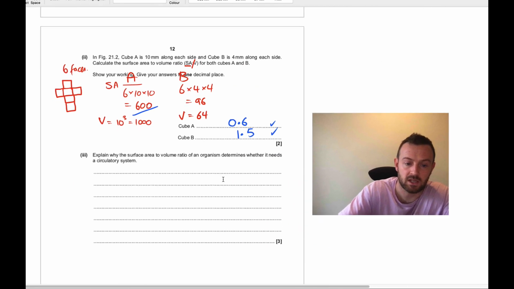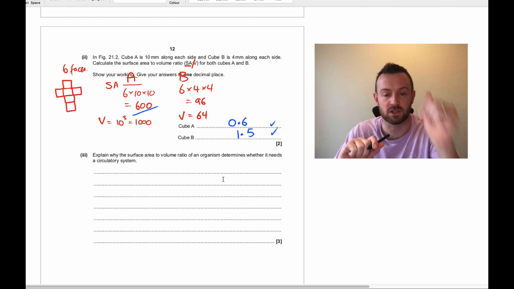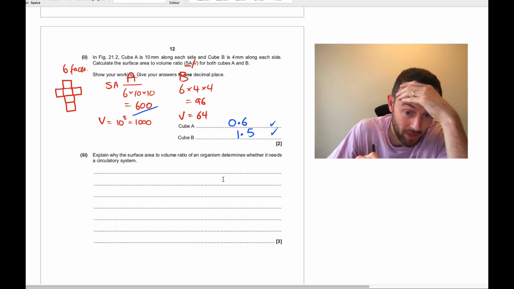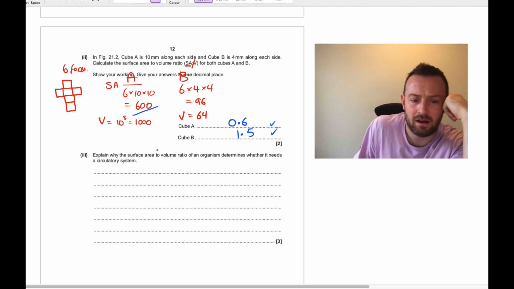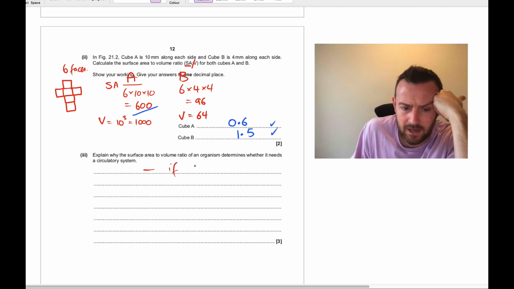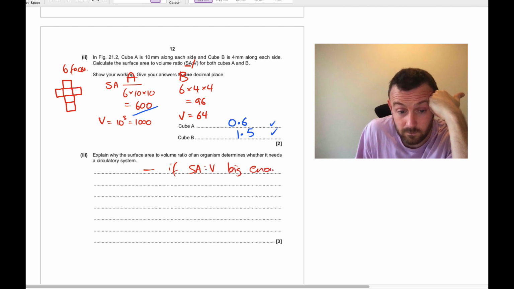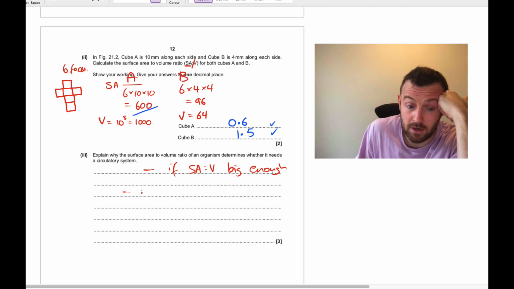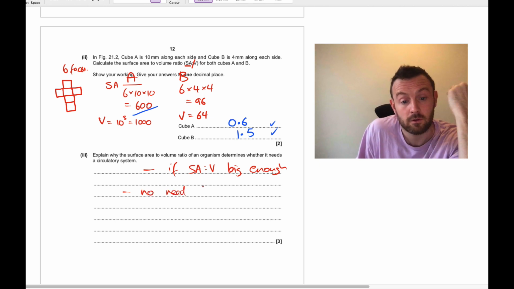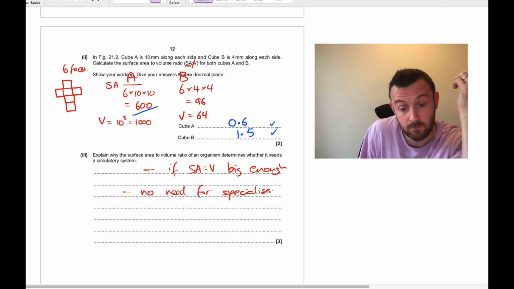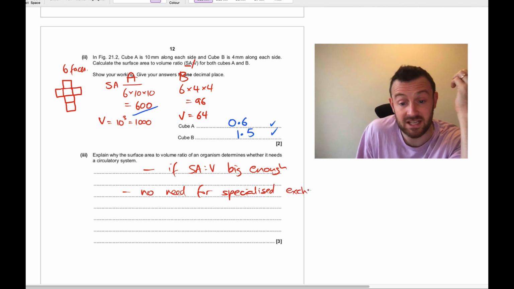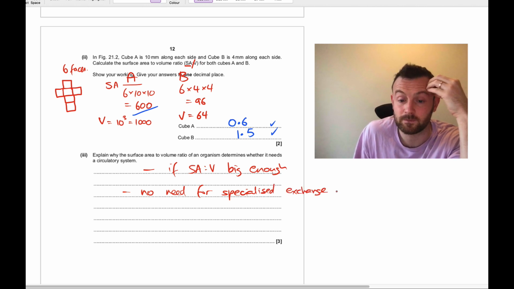Moving on. Explain why the surface area to volume ratio of an organism determines whether it needs a circulatory system. Well, we need to talk about if SA to V is big enough, then there might be no need for a specialized exchange surface, such as the lungs or the gills of a fish.